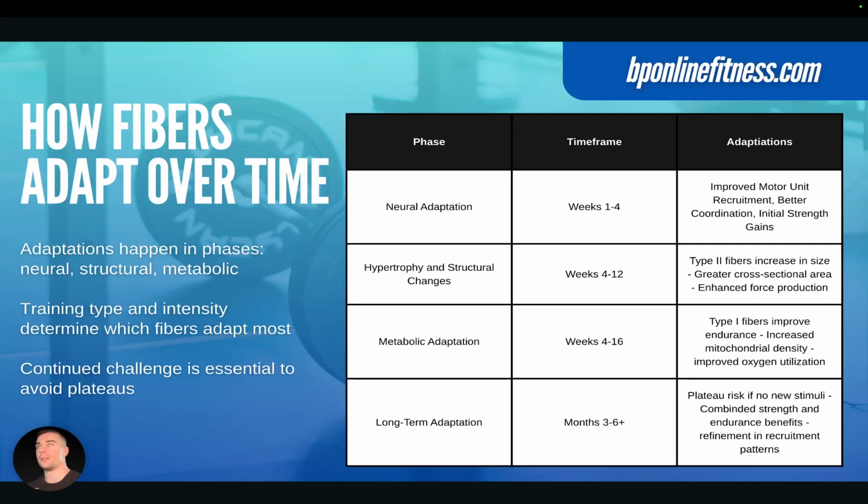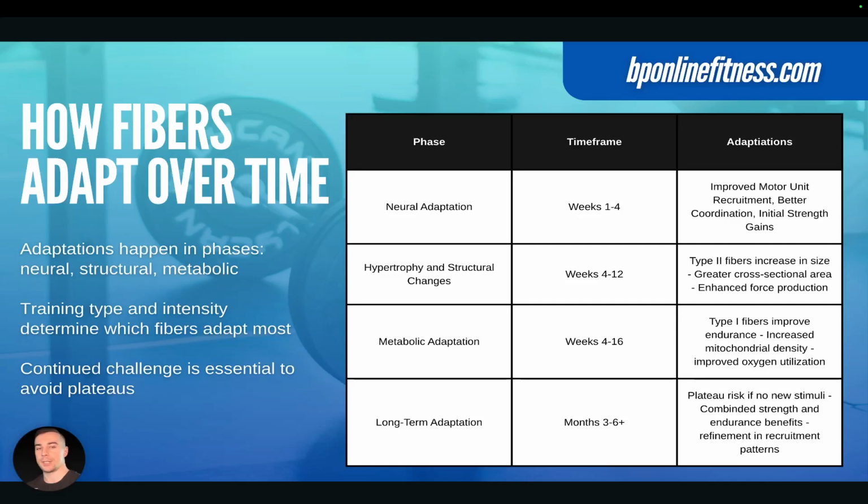So if you've heard a lot of times, there's certain people that'll notice significant changes in the first few weeks. That's kind of where that comes in. So this could be strength primarily. So just keep that in mind that this is sort of where those fibers are being initially activated. It's that neural adaptation of those muscle fibers.